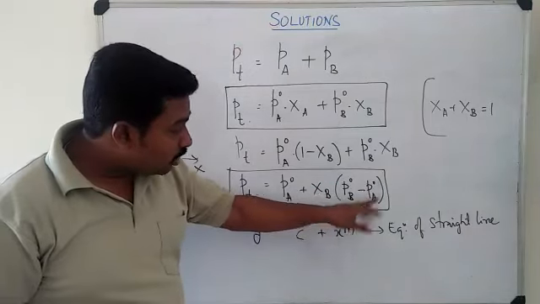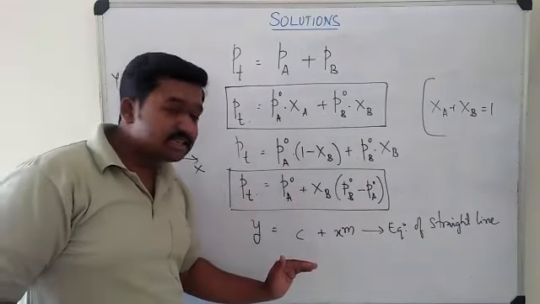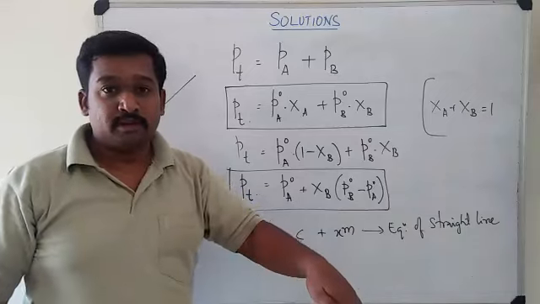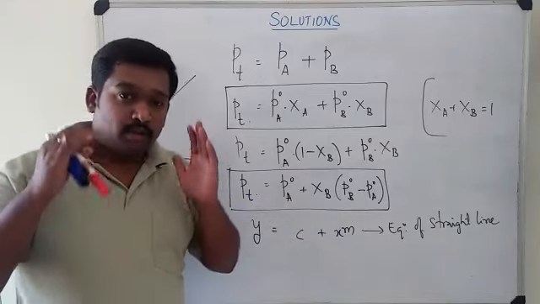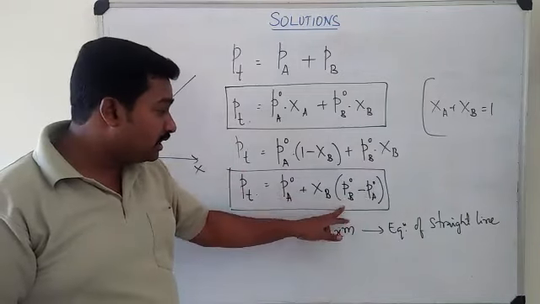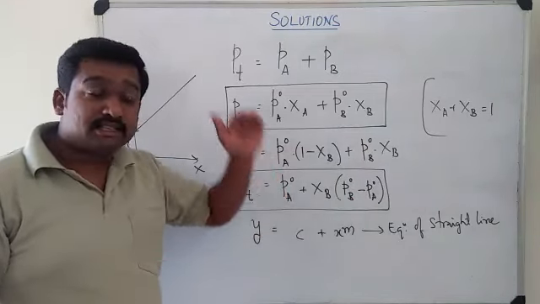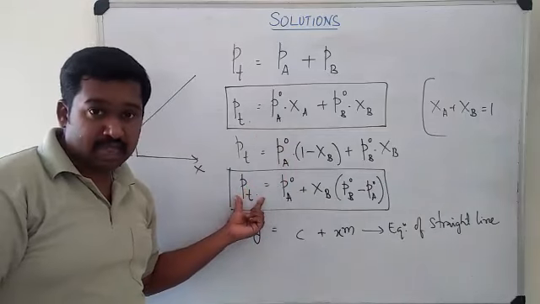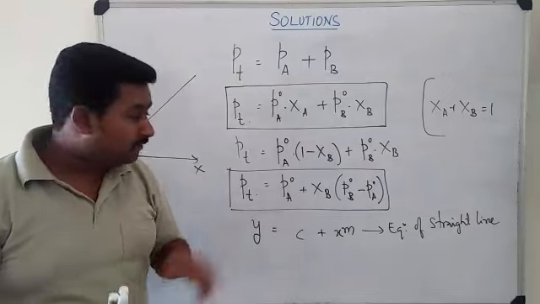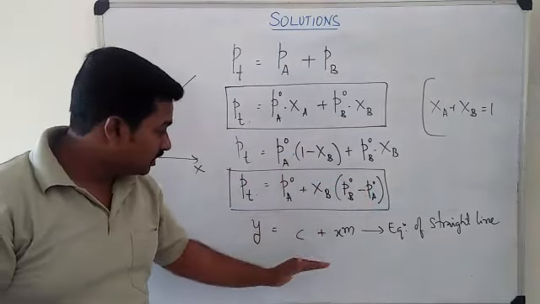If at all Pa naught is greater and pb naught is lesser, you will get a negative slope, which means the line will slope downward. So depending upon the volatility of A and B, you may find whether there is a decrease in the total vapor pressure happening or increase in the total vapor pressure happening. That we will see in the graphical representation after this.